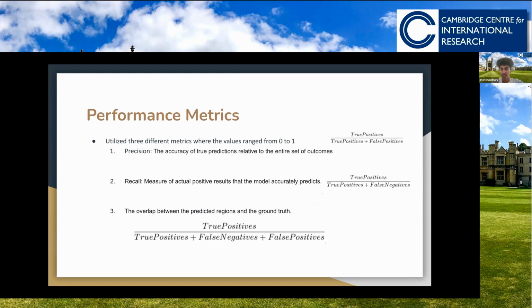Recall is the measure of the percentage of actual positive results that the model accurately predicts. On the other hand, IOU score is the overlap between the predicted regions and the ground truth, which is the actual truth. This is the most reliable metric used in binary segmentation, seen through many different research projects.